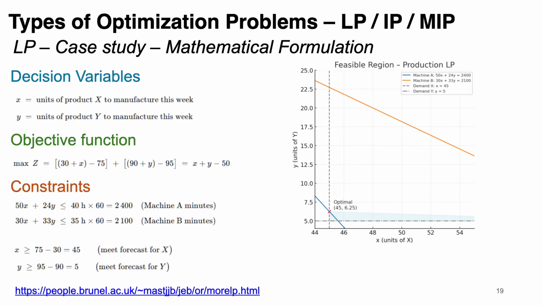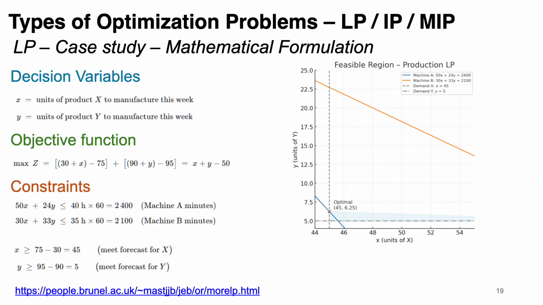Finally, we have our constraints. For machine A, the total time used must be less than or equal to 40 hours. Since our processing times are in minutes, we convert 40 hours into 2400 minutes. So, our constraint is 50 times make X plus 24 times make Y is less than or equal to 2400. For machine B, we have 35 hours, or 2100 minutes.